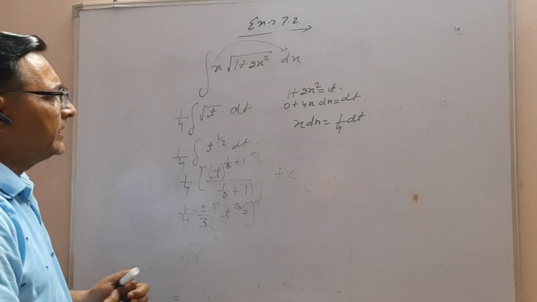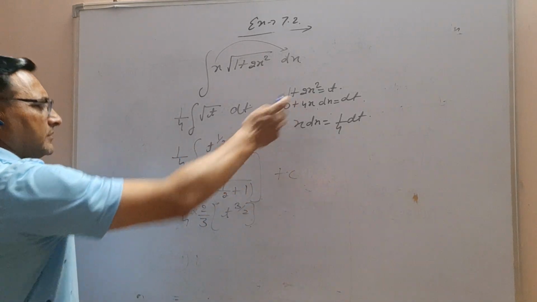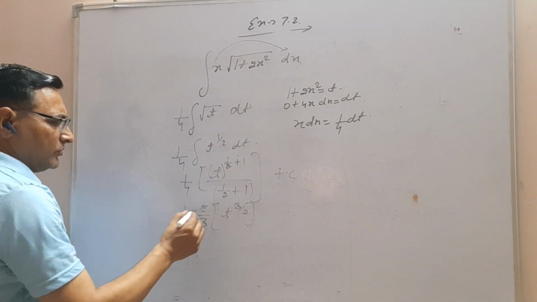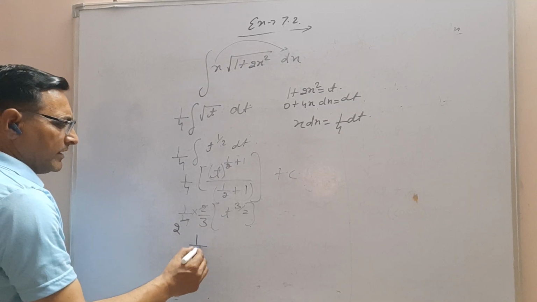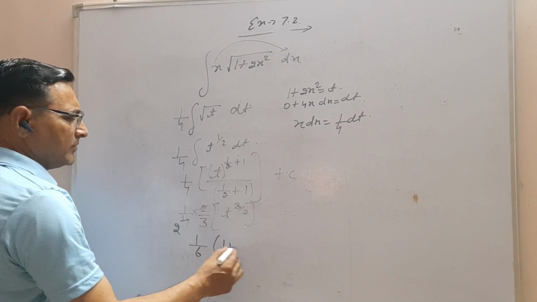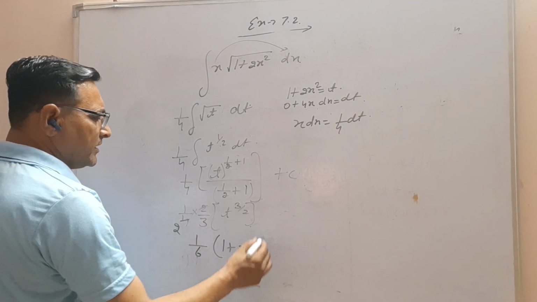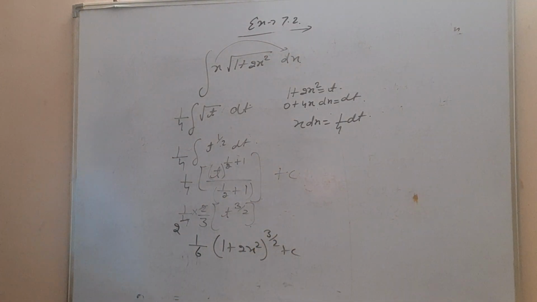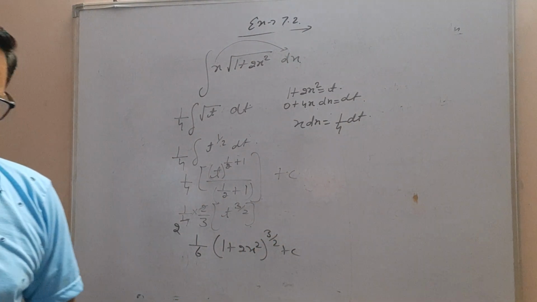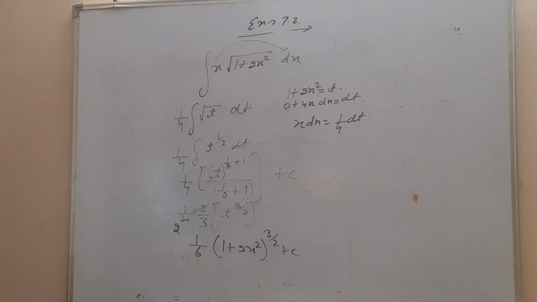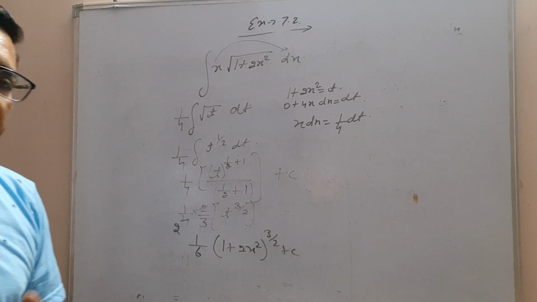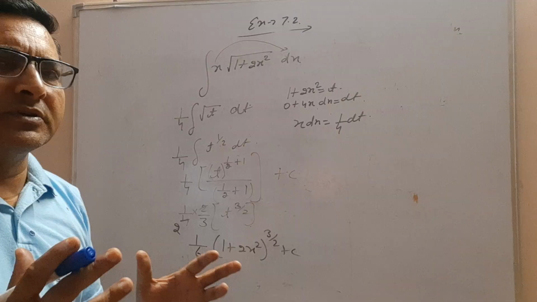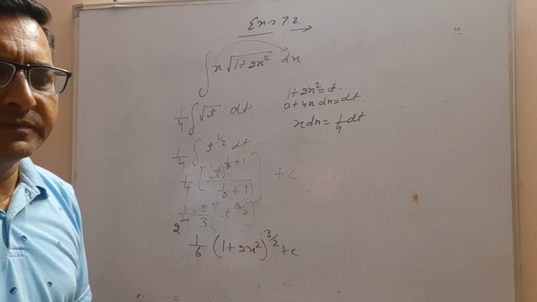What is the value of t? 1 plus 2x square. Now 2 into 2 is 4, so it will be 1 by 6 into (1 plus 2x square) power 3 by 2 plus c. You require a lot of practice for these types of questions.